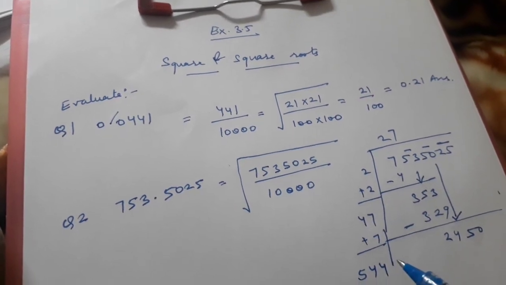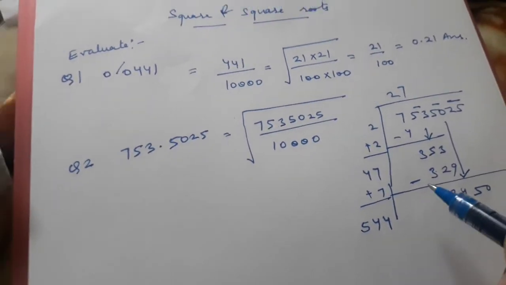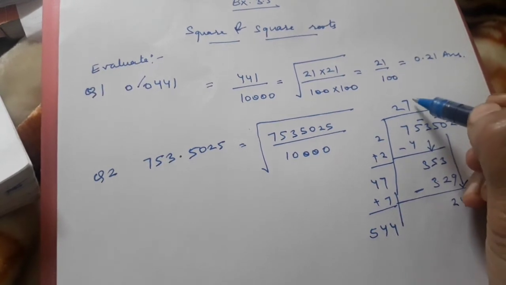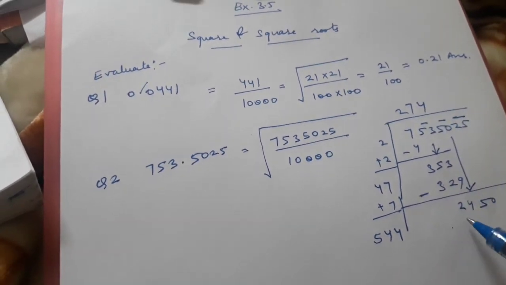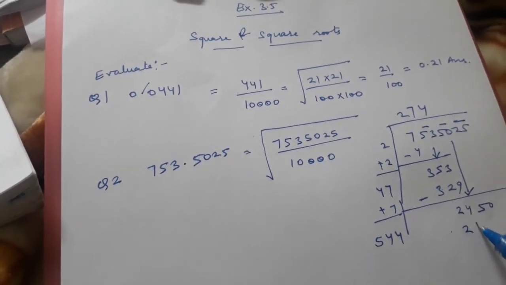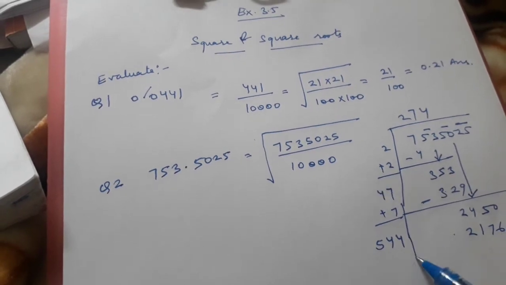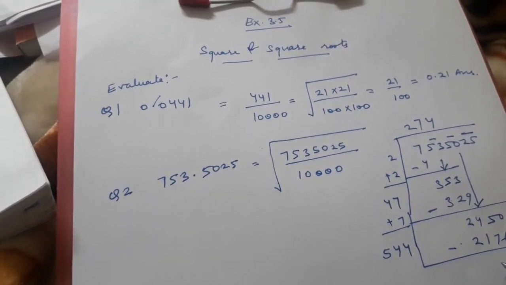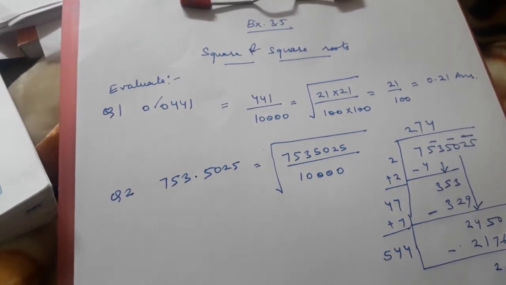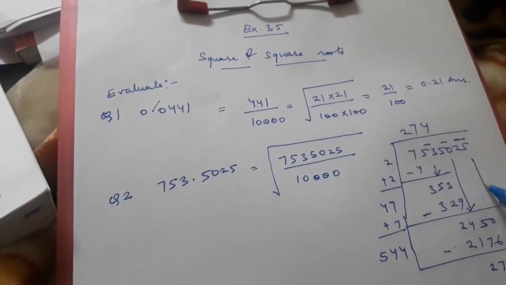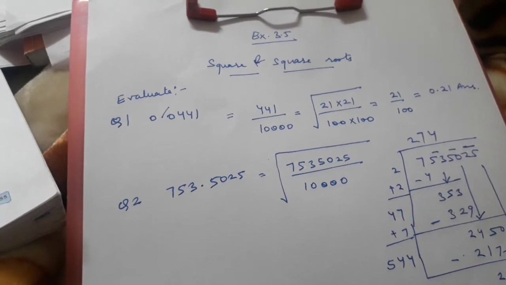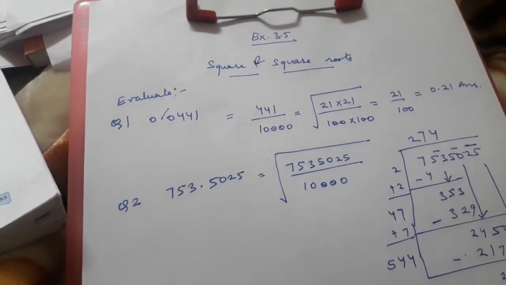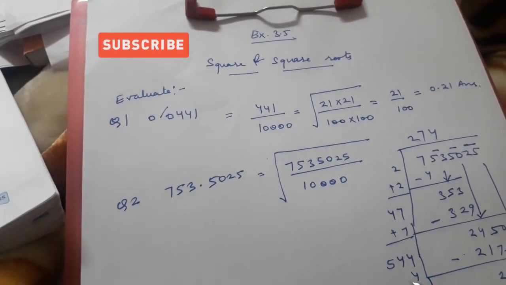Then 4. The number would become 2176. Subtract it again. So we will be left with 274. That whole 25 is. So here 4 will be added.